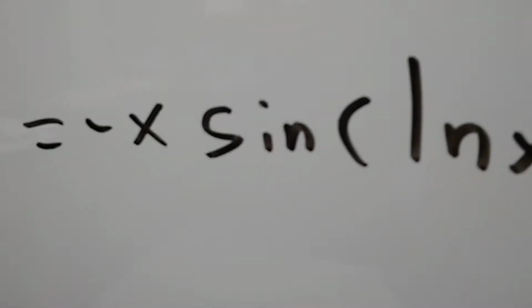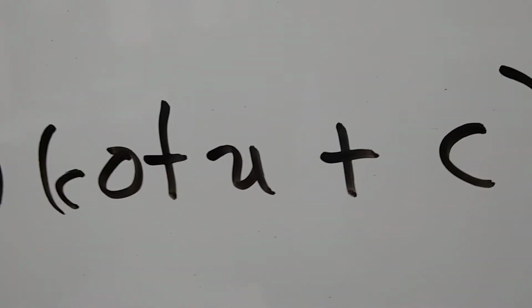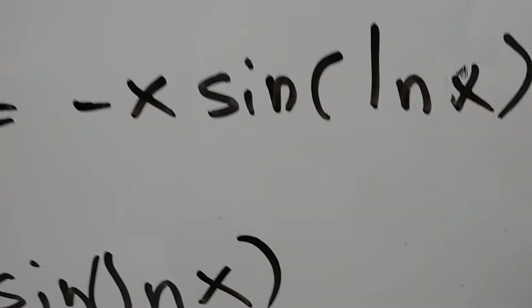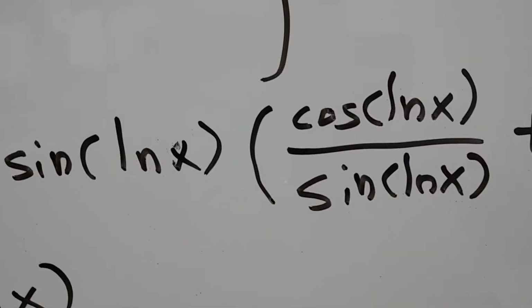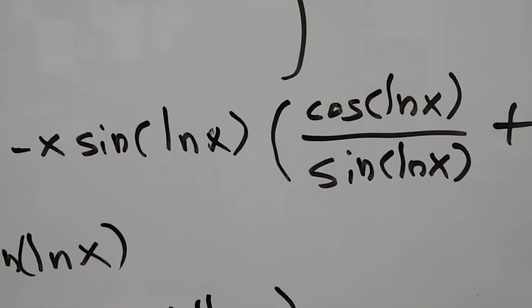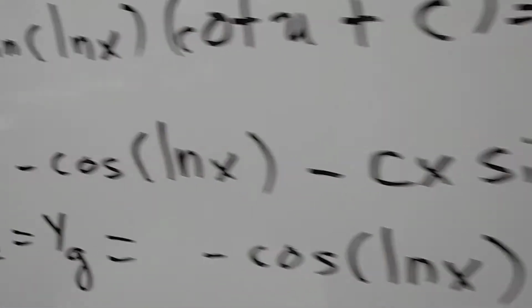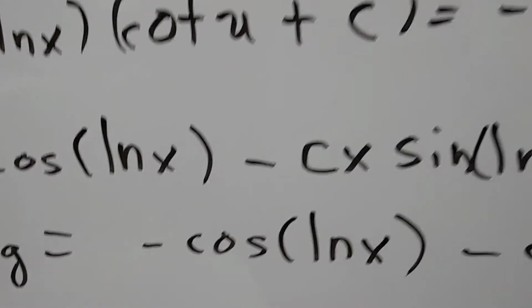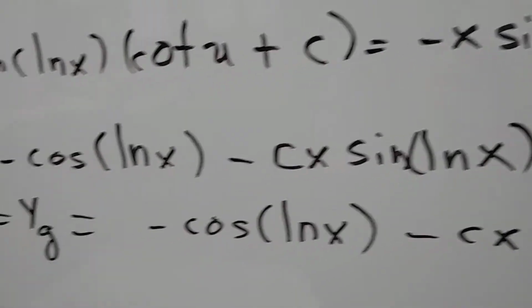So now if I substitute that in, negative x sine ln of x cotangent of u plus c becomes negative sine ln of x cosine of ln of x divided by sine of ln of x plus c. And this is equal to negative cosine ln of x minus a constant c times x sine ln of x.